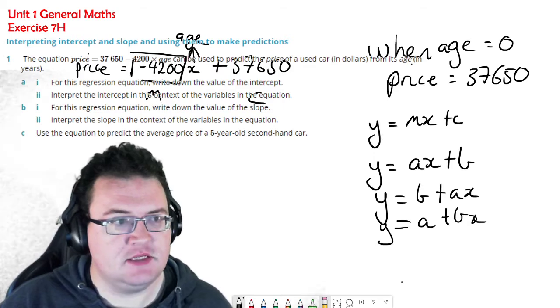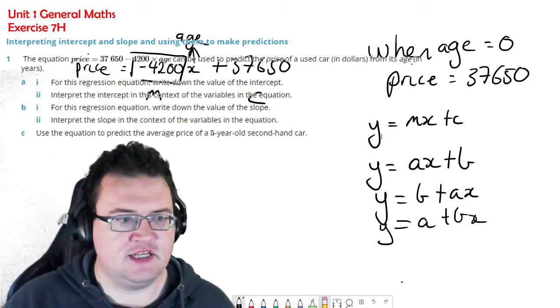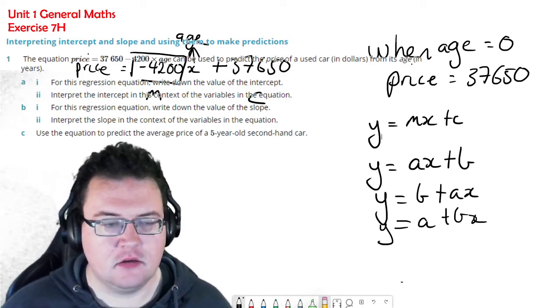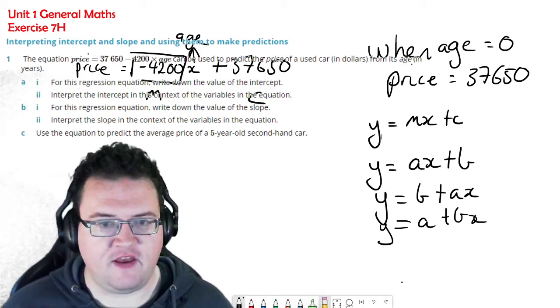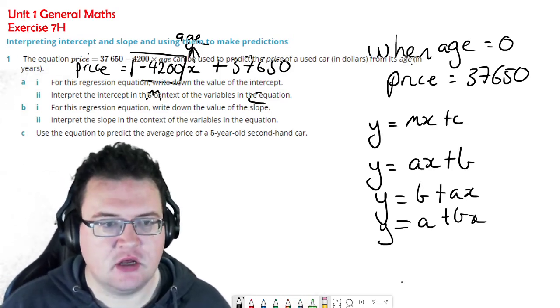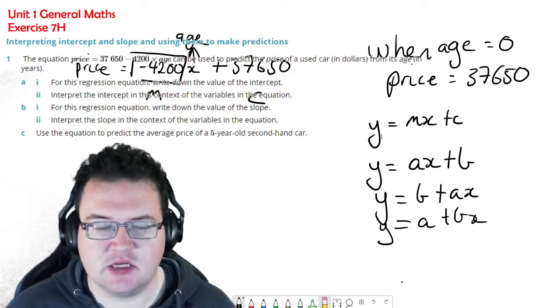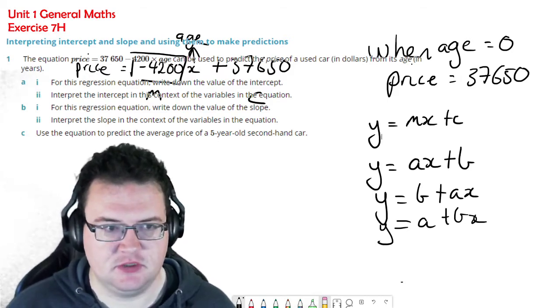And what that means in terms of interpreting it is that for every year the car ages, the price or the value of that car will decrease by $4,200.